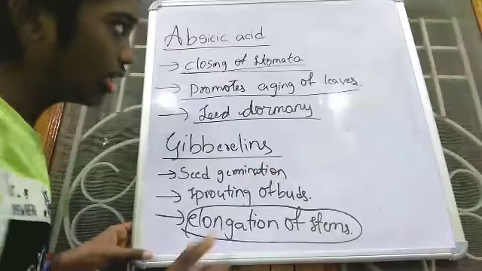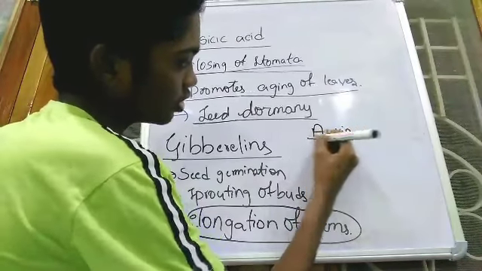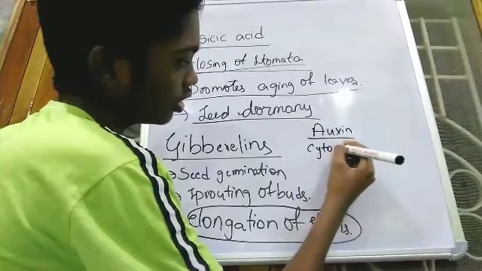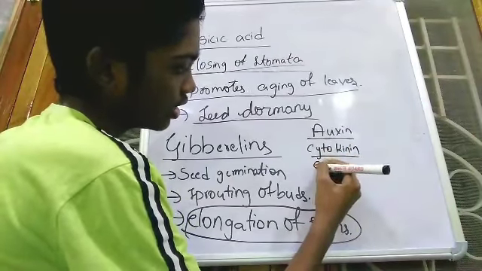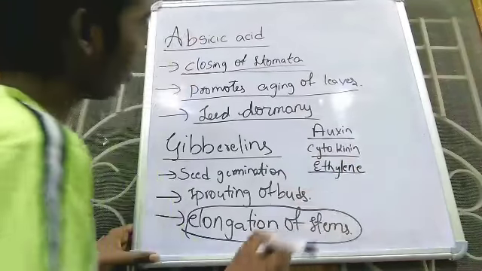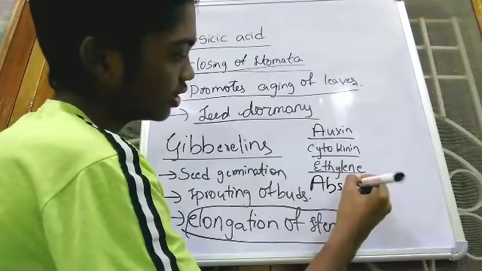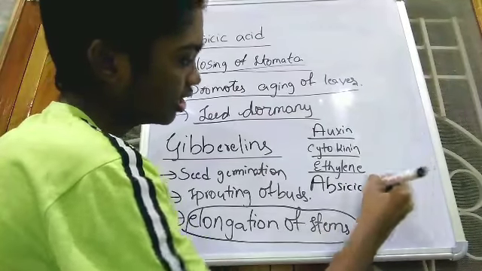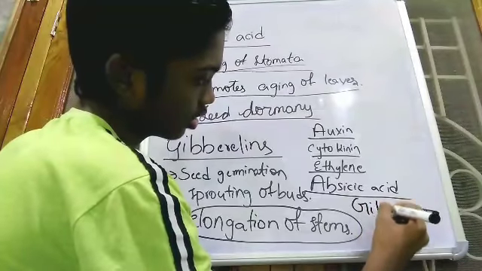So friends, until now we have seen the plant hormones: auxin, the first hormone; cytokinin, the second hormone; ethylene, which helps in ripening of fruits, the third hormone; the fourth hormone is abscisic acid; and last but not the least, the fifth hormone is gibberellins.